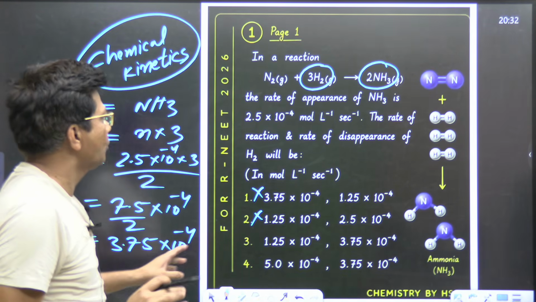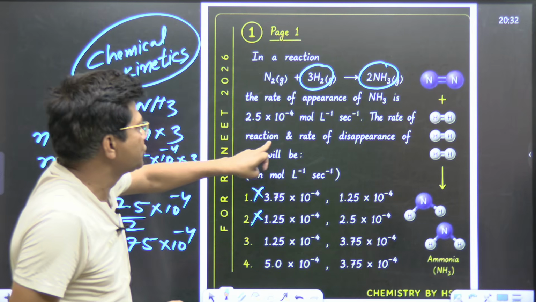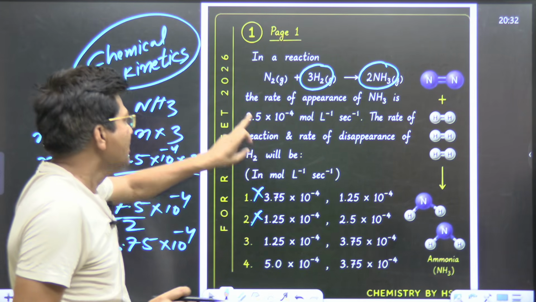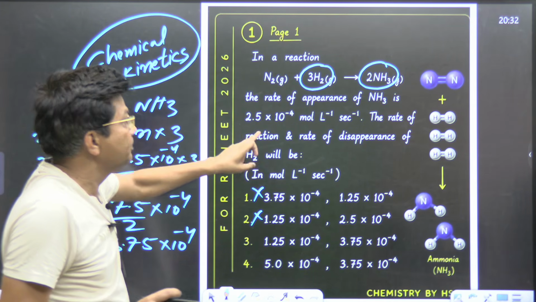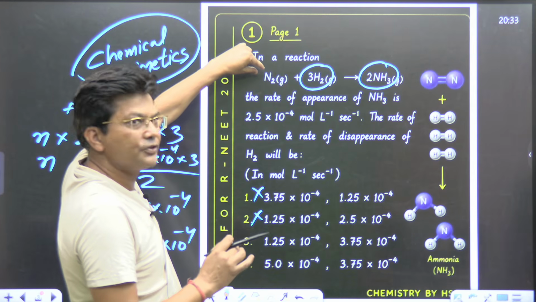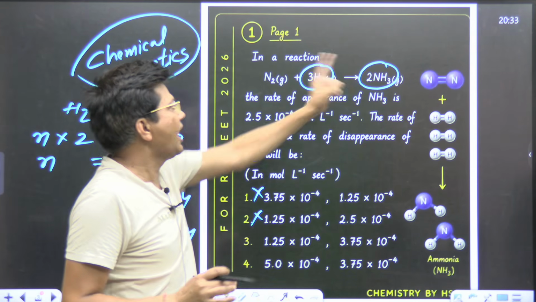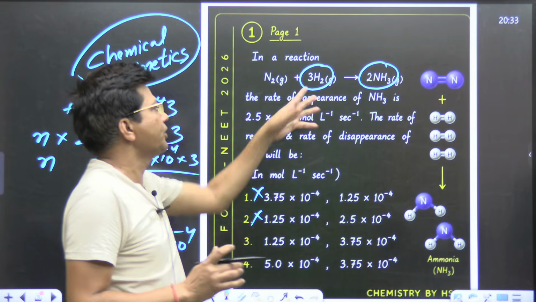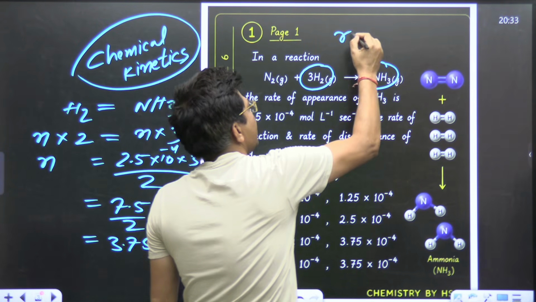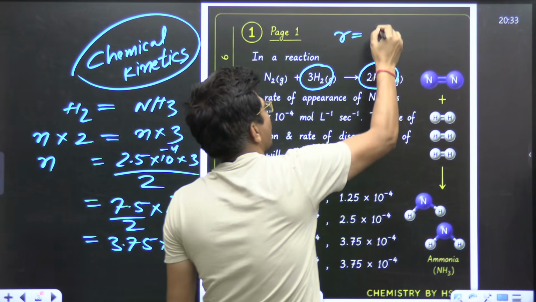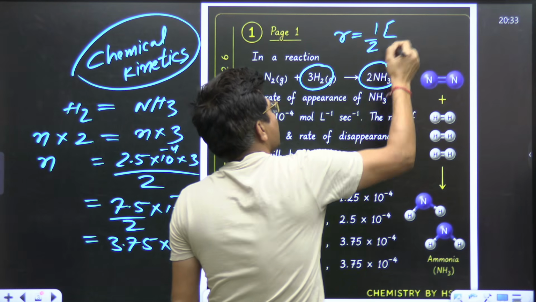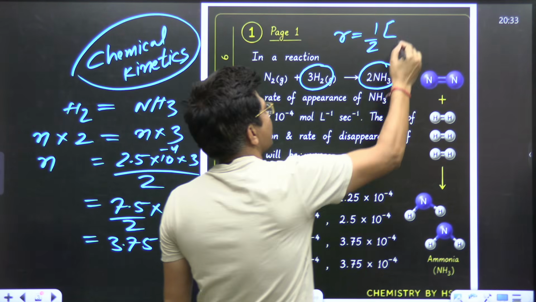Now, if you really want to solve even this question, the rate of reaction is always measured with one stoichiometric coefficient. So you can see its stoichiometric coefficient is half of it. So you can directly write rate of reaction is equal to 1 by 2 with the concentration of ammonia that was given.